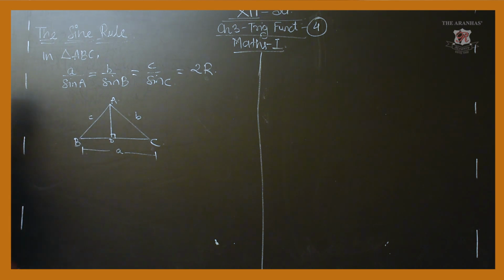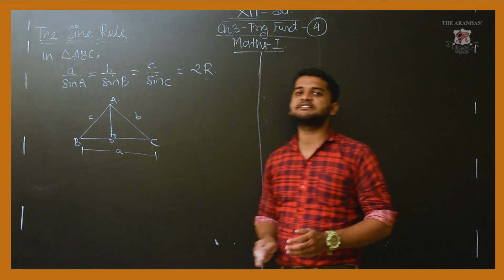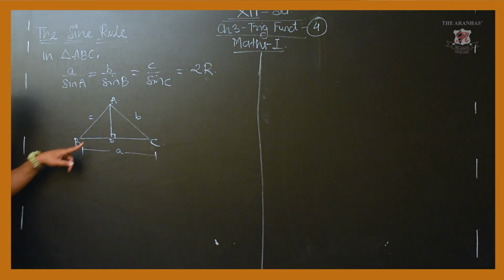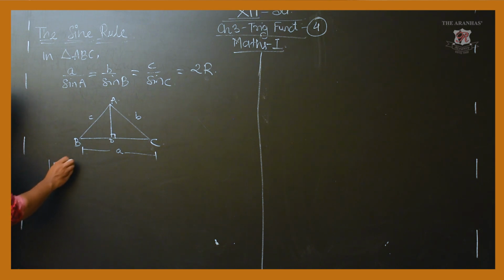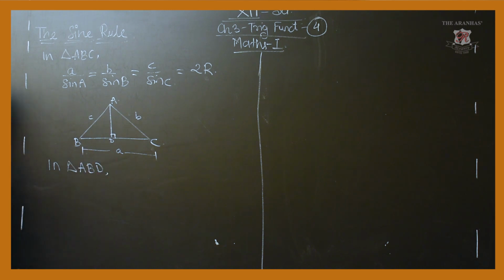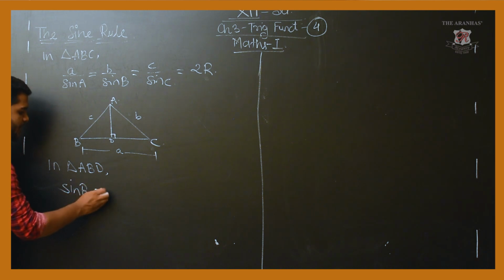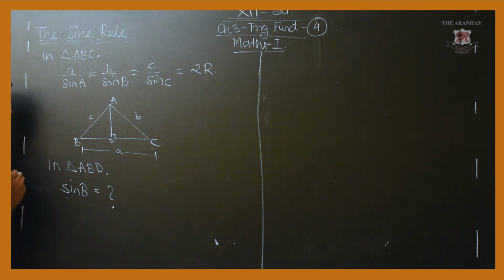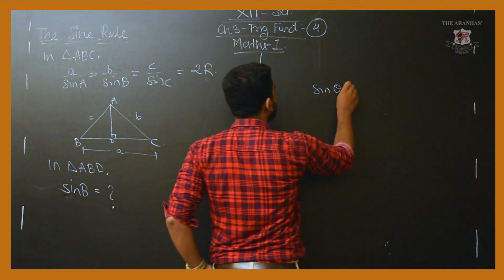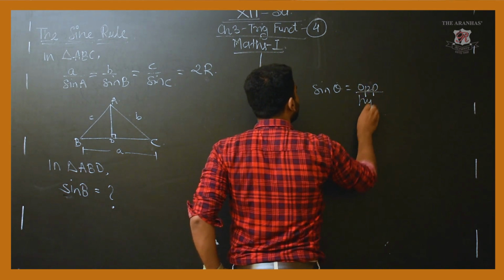Now, if you see, there are two right angle triangles formed inside the triangle ABC. Let's pick up the first triangle. In triangle ABD, sine B will be equal to what? In 10th standard, we all have learned the formula: sine theta is opposite upon hypotenuse.